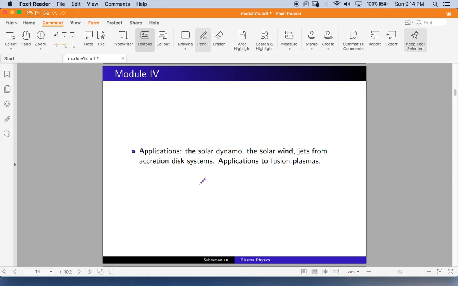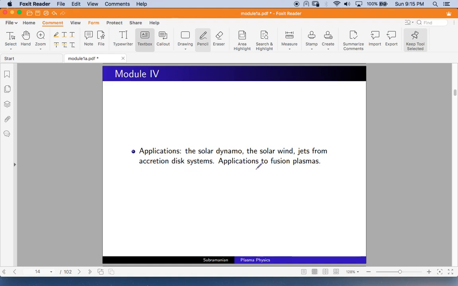Right. And the fourth module is the applications module, and since I do astrophysics, in particular astrophysics with a plasma physics bent, I'm more comfortable with talking about astrophysical applications such as the solar dynamo, the way in which magnetic fields are produced in the sun, from the solar interior, jets from accretion disk systems, accretion disks around black holes, exotic objects like that.